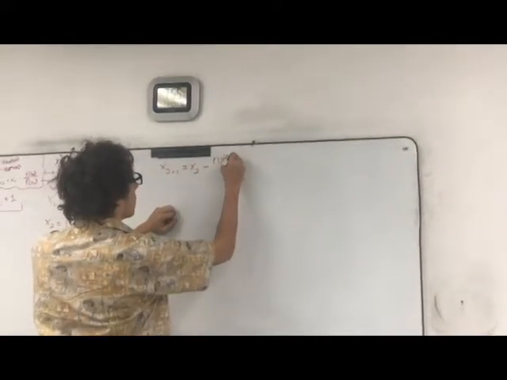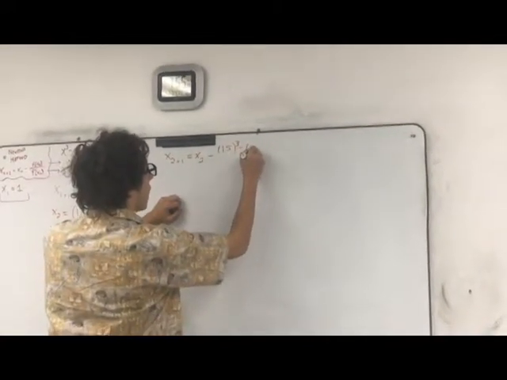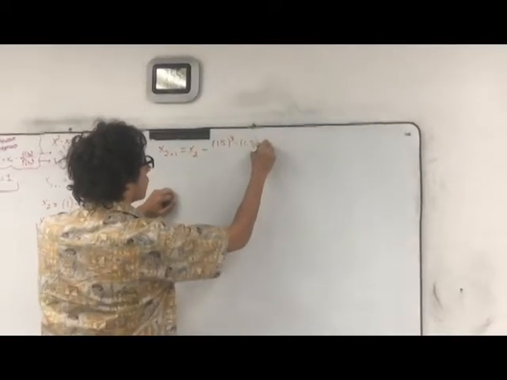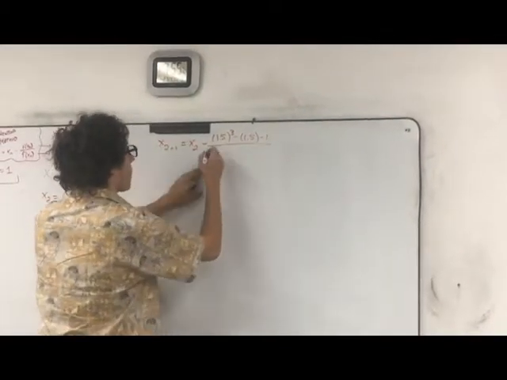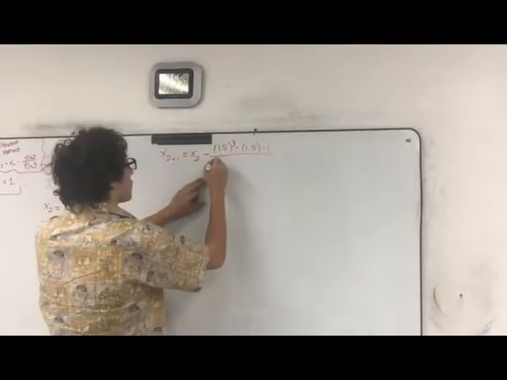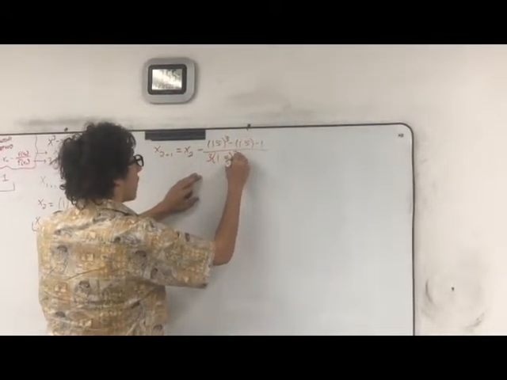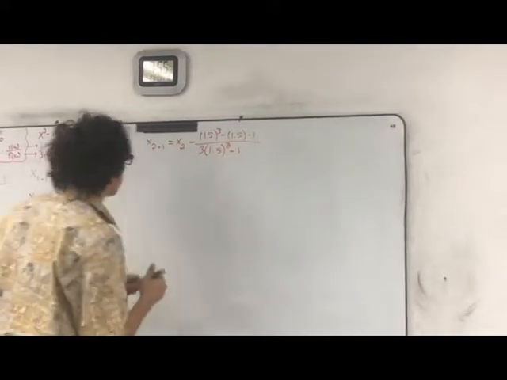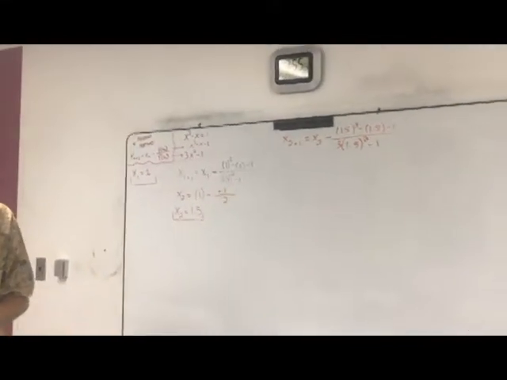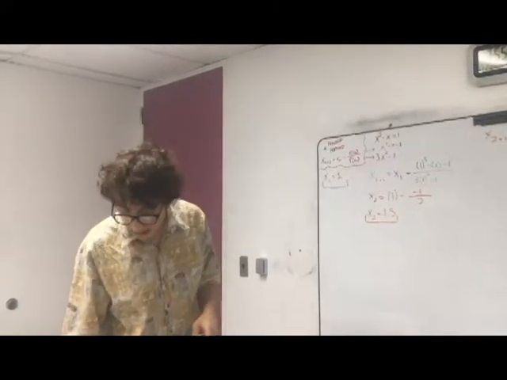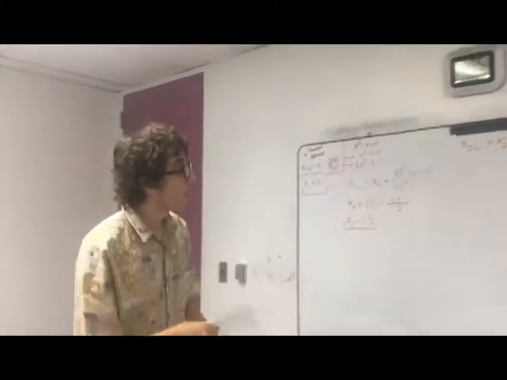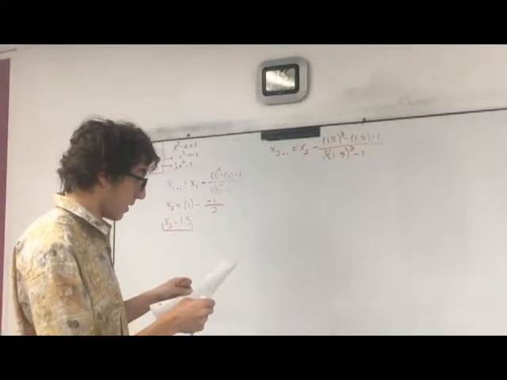cubed minus 1.5 minus 1 over 3 times 1.5 squared minus 1. Now I could go through every step, but I really don't think that's the best idea.